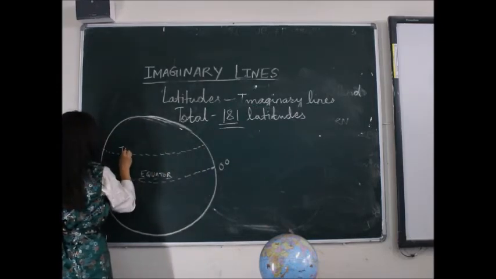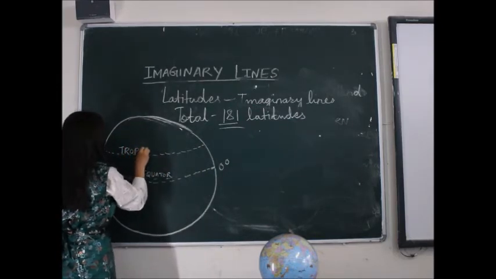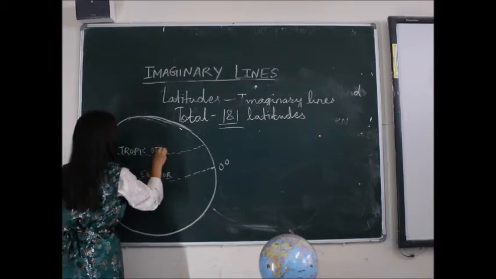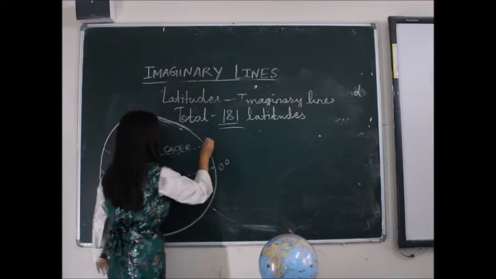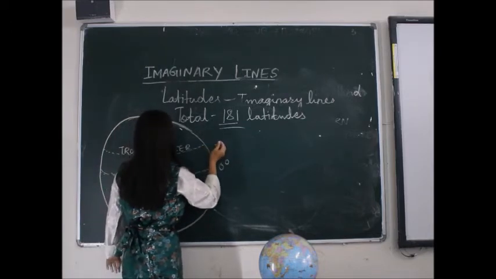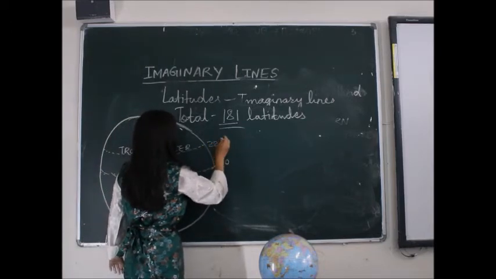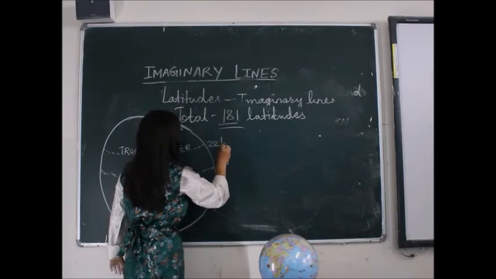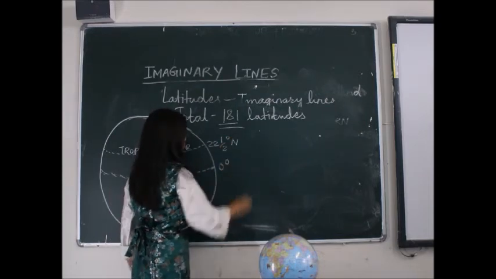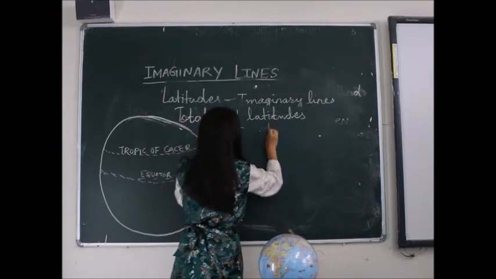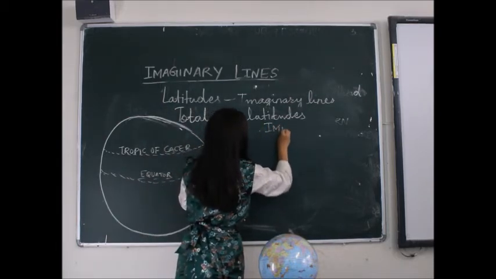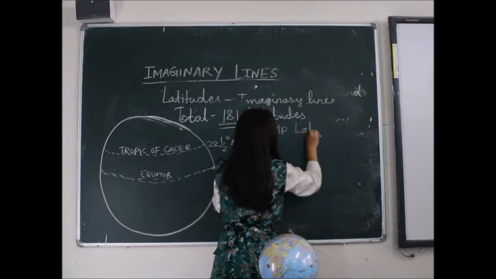Tropic of Cancer. TROPIC, Tropic of Cancer, CANCER. Okay, and its value is 23.5 degree north. So important latitudes we are learning today.